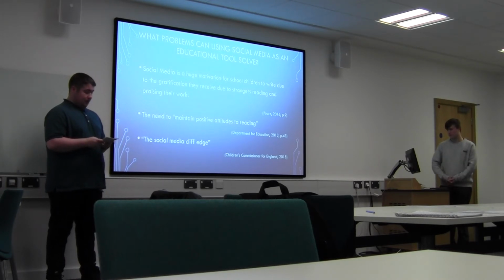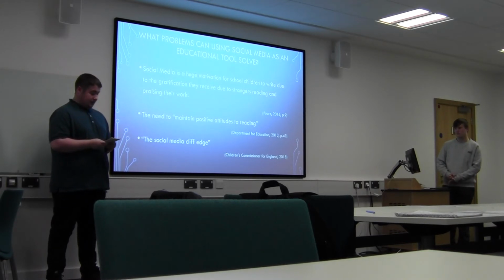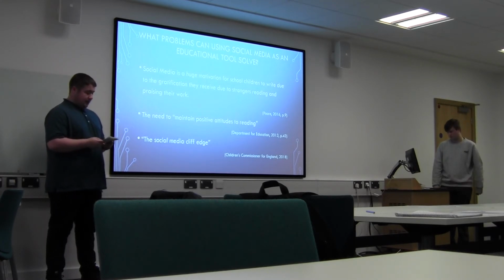Upon leaving primary school, children are unprepared for the mental and social pressures brought about by a constant need to be connected to social media. They are suddenly surrounded by huge social pressures over their online image and become too dependent on likes and comments for their own self-validation.